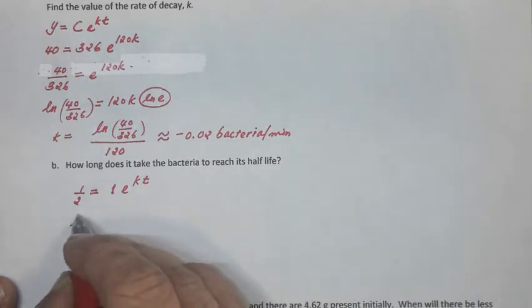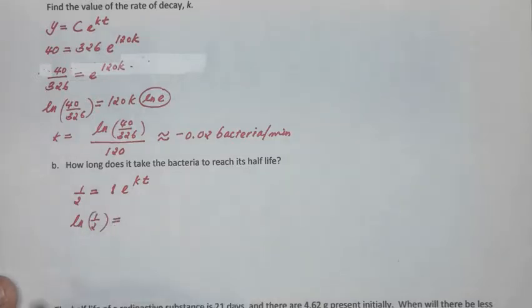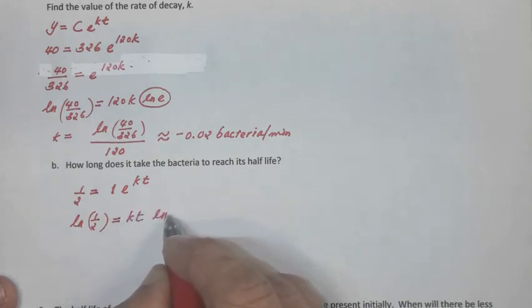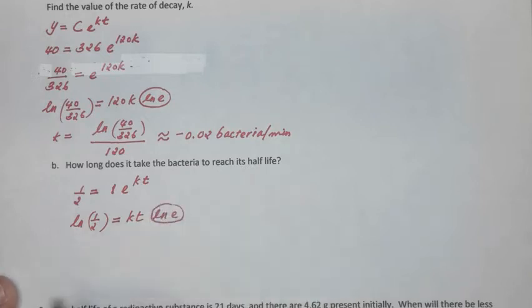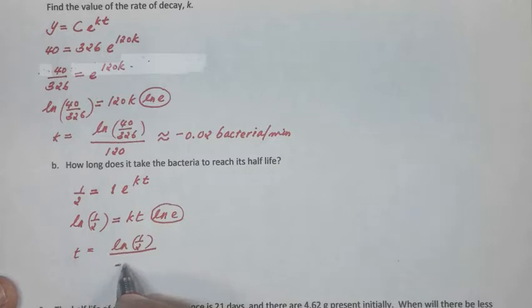So let's apply the natural logarithm. ln 1/2 is equal to kt ln e, which is again 1. So we know t is equal to ln 1/2 divided by k, but we know k is negative 0.02.